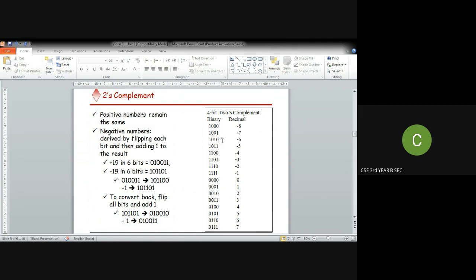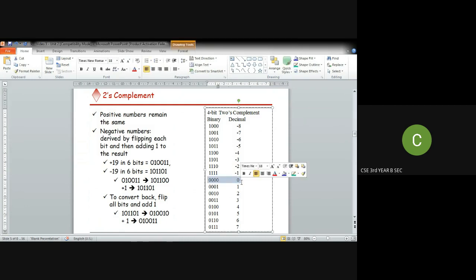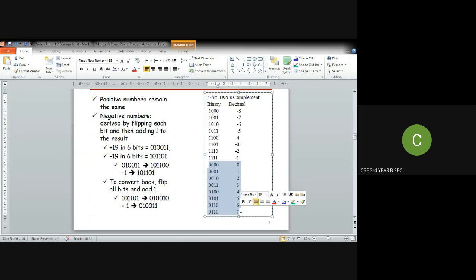So this is the 4-bit binary number for the equivalent decimal values using the two's complement number. Look at here, we can start from 0 0 0 0, so that is easy for us. This is for 0, and this is for 1, 2, 3 up to 7. From 0 0 0 0 to 0 1 1 1, which means from 0 to 7, the binary representation is common for all three representations: signed magnitude, ones complement and two's complement.